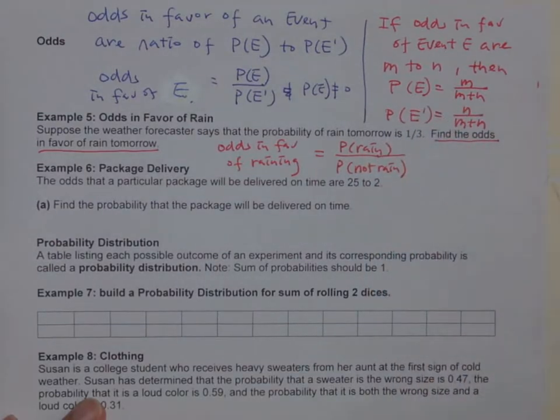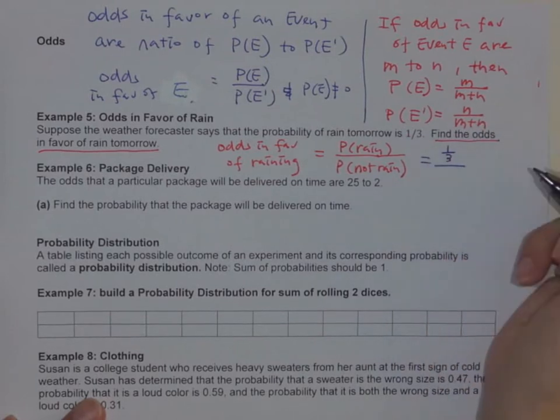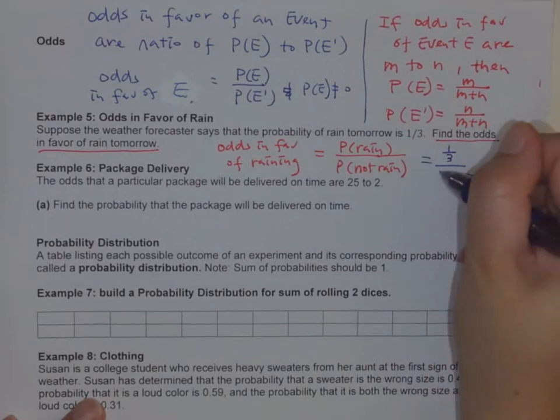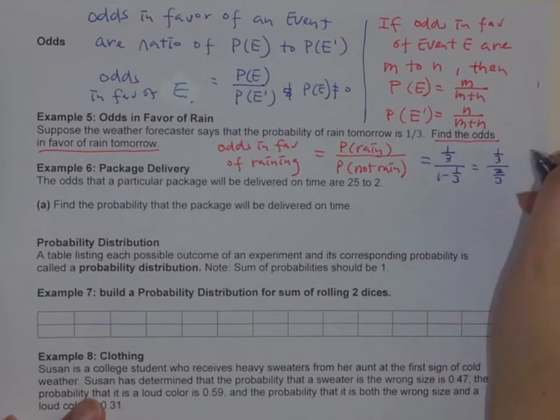Okay, so if the probability of raining is 1/3, the other one would be 1 minus 1/3, which is 2/3, right? We can cancel the denominator like that, so the final answer is just 1 over 2.